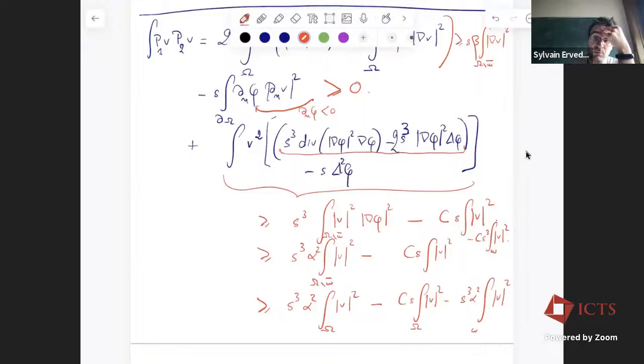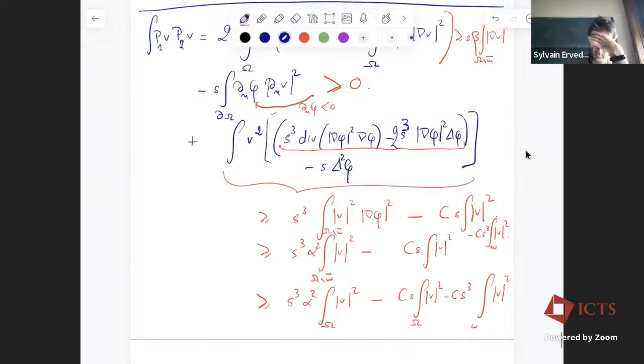And if you are in omega, the only thing you can say is that it is bounded by constant times s to the 3.